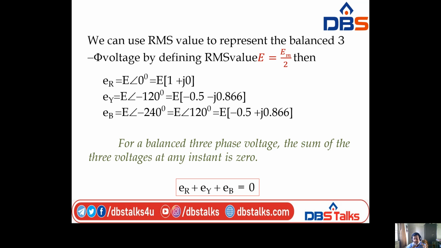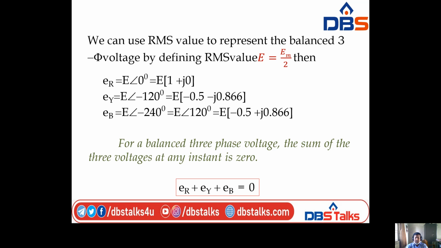Coming to the AC system, we represent the values in RMS values. We know that the RMS value is nothing but the maximum value divided by root 2. So the RMS value E is equal to EM by root 2. Then ER is equal to E at an angle 0 degrees.